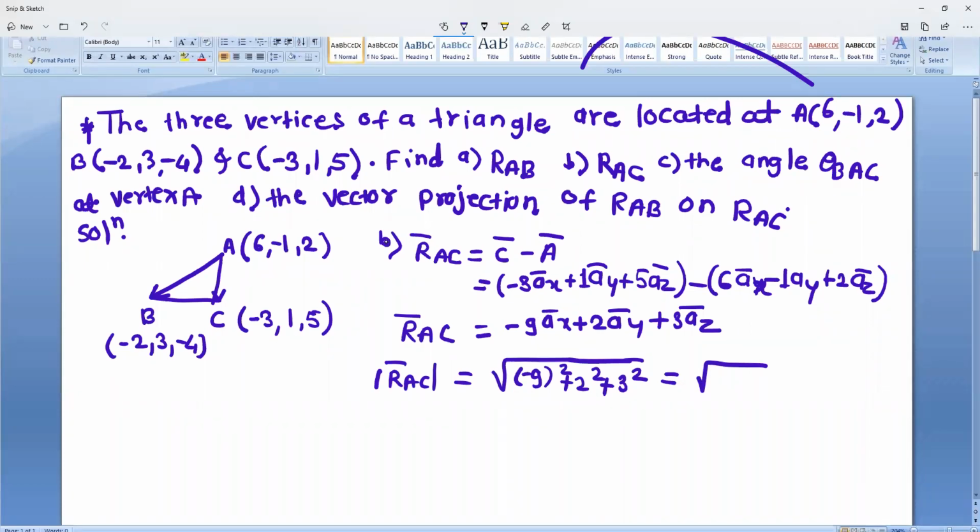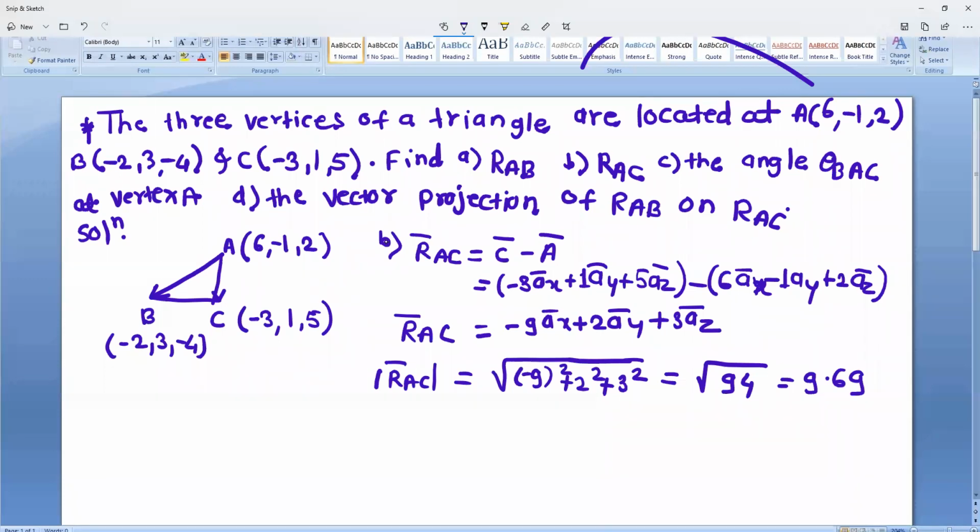So it is equal to square root of 81 plus 4 plus 9, that is 94. So what is the square root of 94? 9.69. Okay. So this is the magnitude of vector R bar AC.